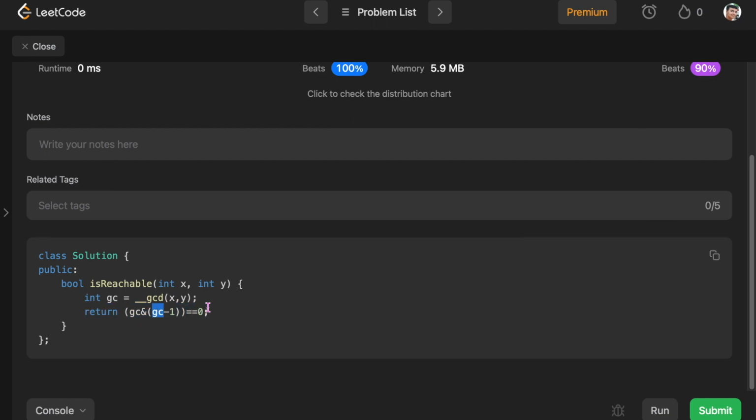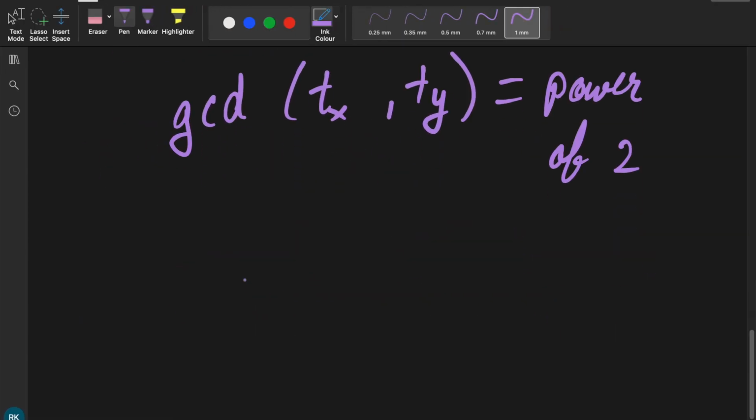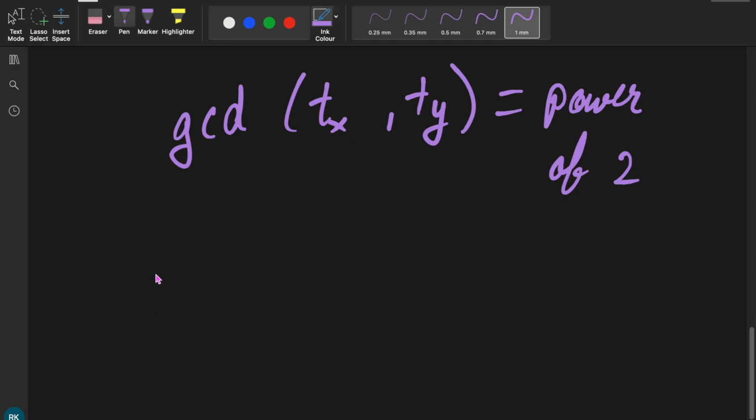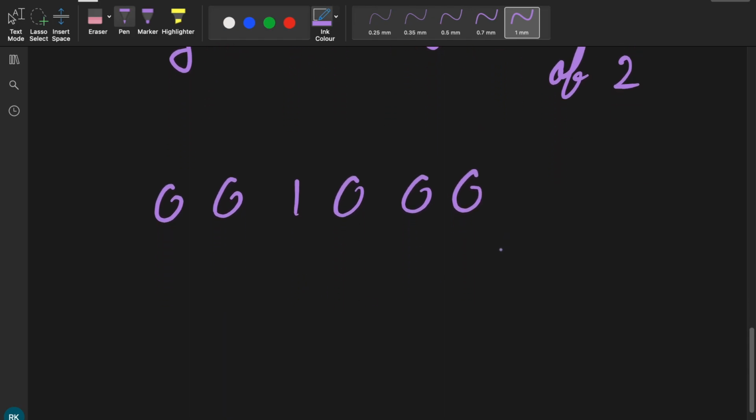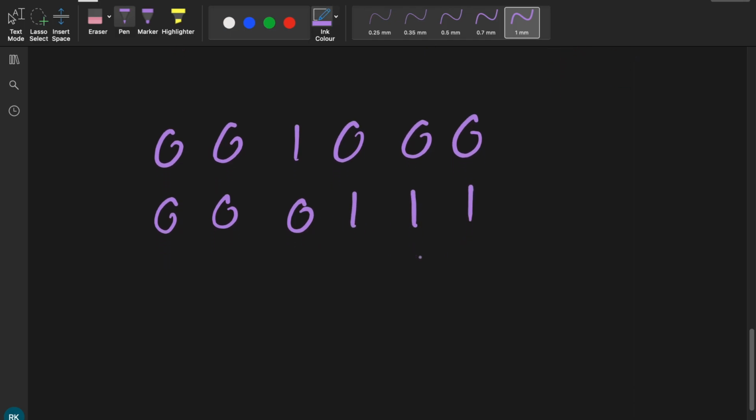If you don't understand this, let me explain how this works. This statement checks for a power of 2. If we see the bitwise representation of a power of 2, it will only have one bit set, right? And if we subtract 1 from this number, this 1 will become 0 and every other lower bit will be set.